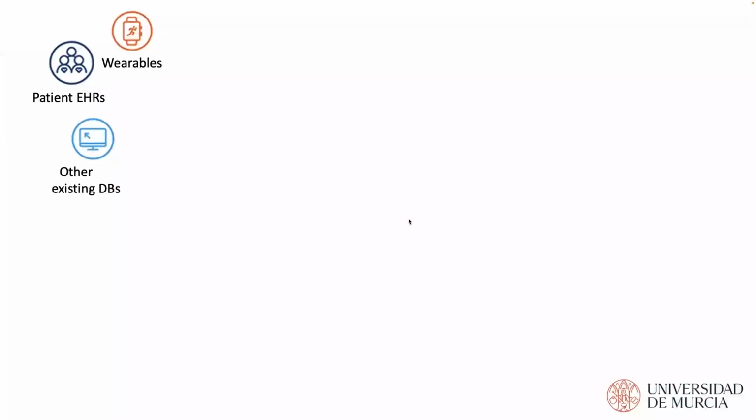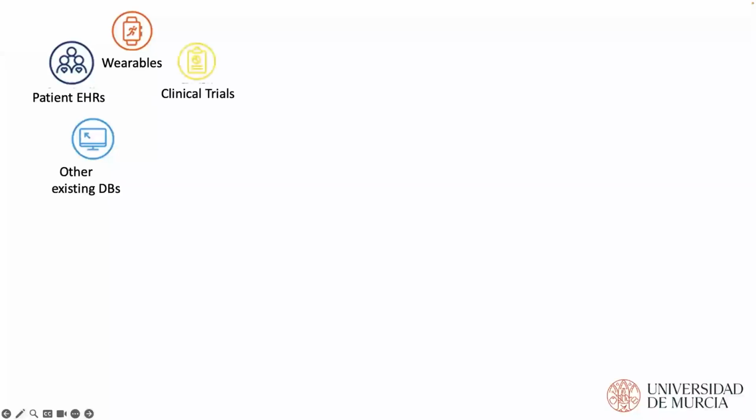So in Stratify, as said before, we have data from patient EHRs. We have data from existing large databases and registries, from diverse studies. We have data collected by wearables.